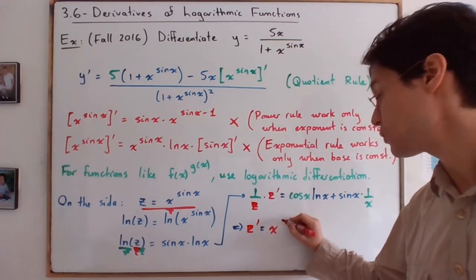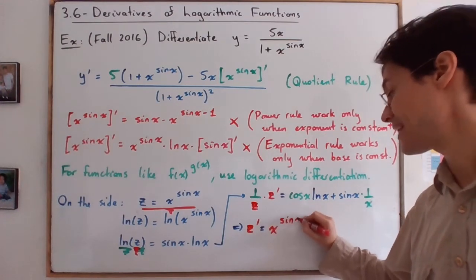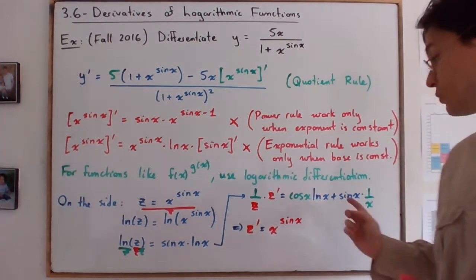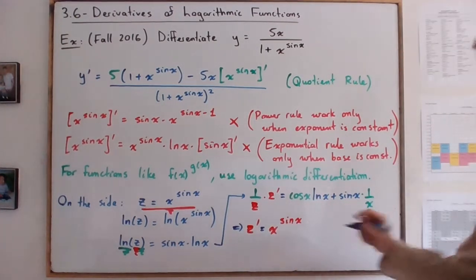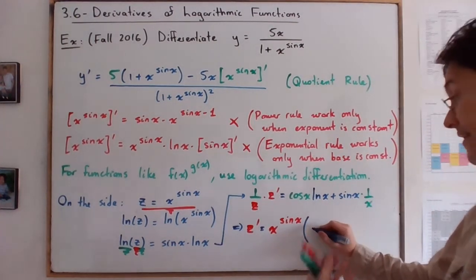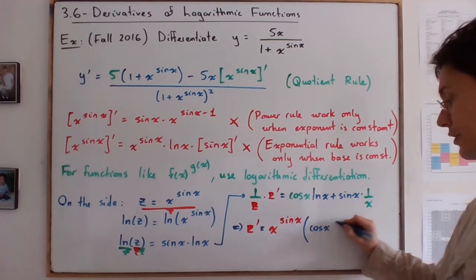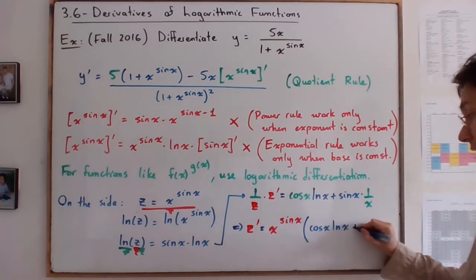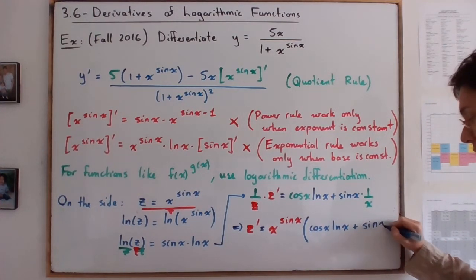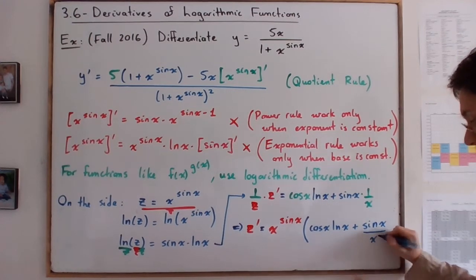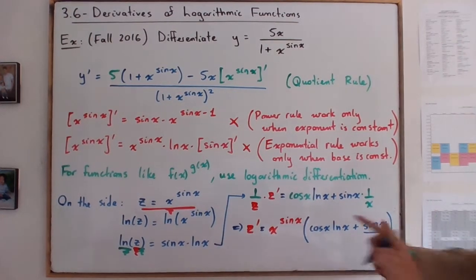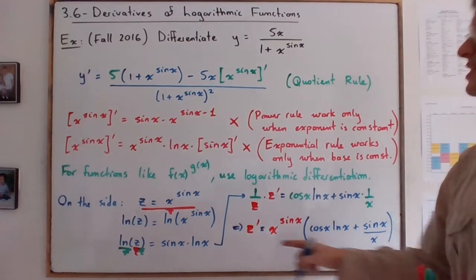We're going to replace it with x to the sine of x. And finally, we just multiply by all of that. So x to the sine of x multiplied, and I don't want to draw your attention to the product rule anymore, so I'm just going to write it all in blue. There you are. Okay, so this is the z prime.